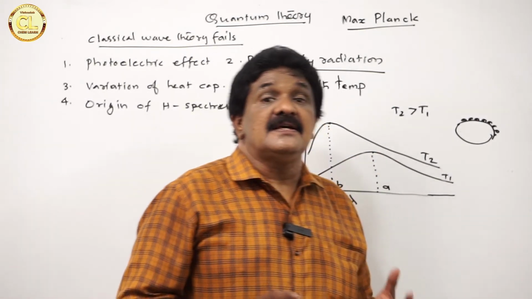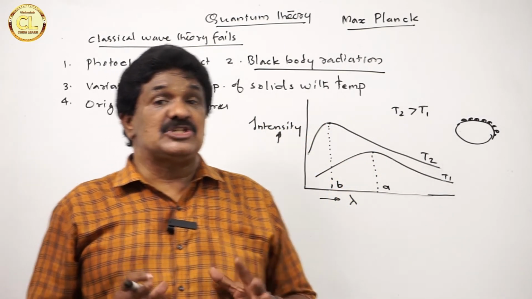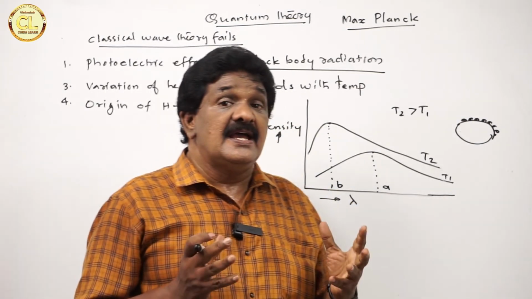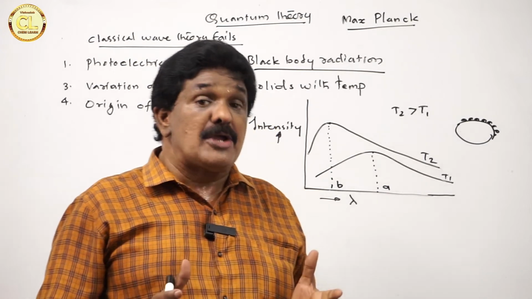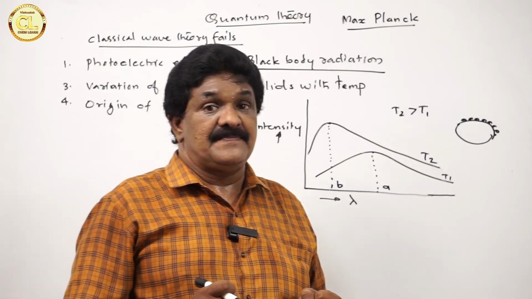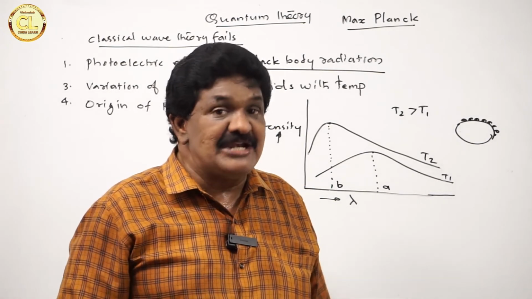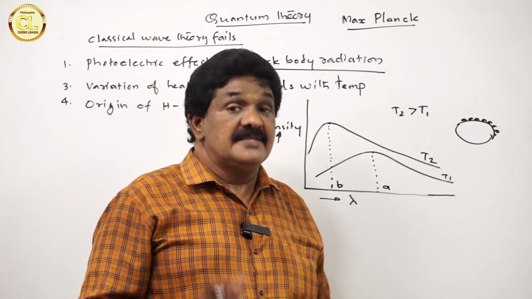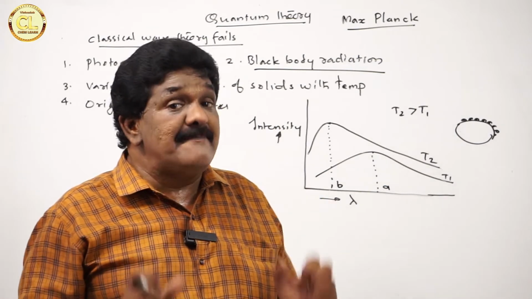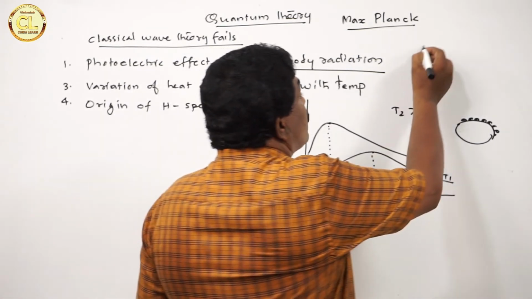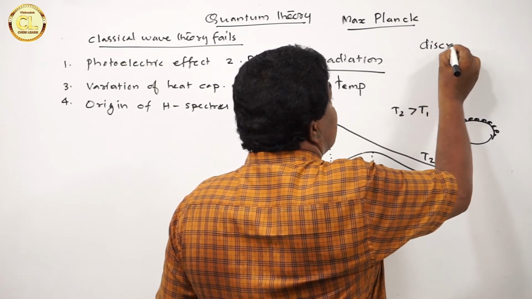From this, Max Planck suggested that the absorption or emission of radiations from an atom or a molecule takes place in a discontinuous manner, not in a continuous manner. That is, absorption or emission of radiations takes place in discrete packets.